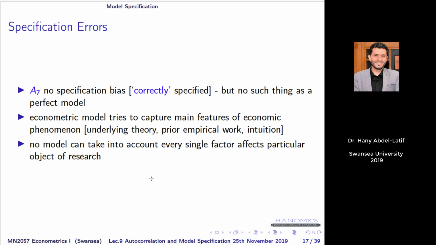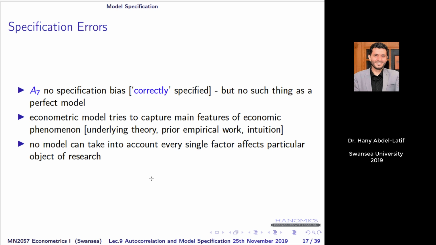These are your regressors or your x's, and you're hoping to include the most important variables. Why? We can't really include all variables, for many reasons. So mainly we want to include the most important variables.